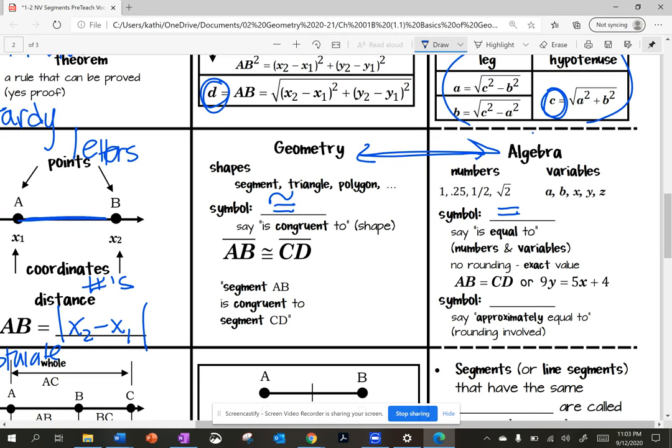So if I want to say segment AB is congruent to CD, in algebra, I would say equals to, and when I'm saying equal to, I'm not rounding, it's an exact value. If I'm rounding, then I use this symbol. So I have three different symbols: congruent, equals, and approximately.